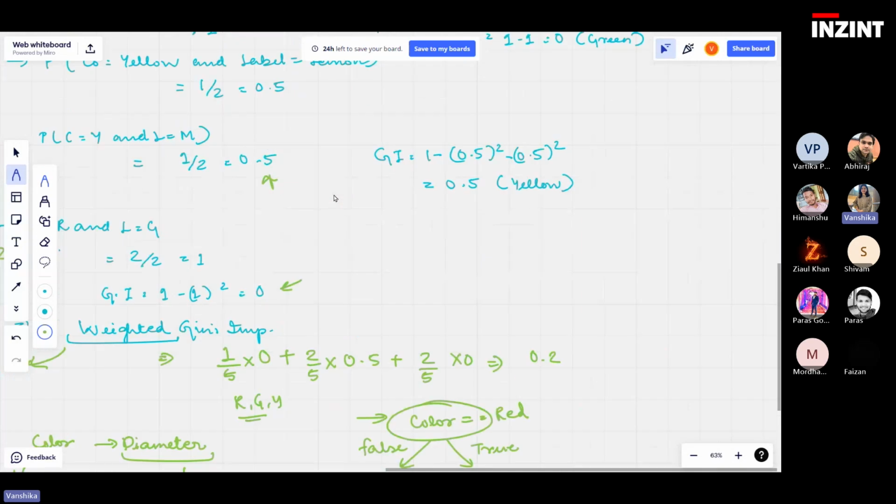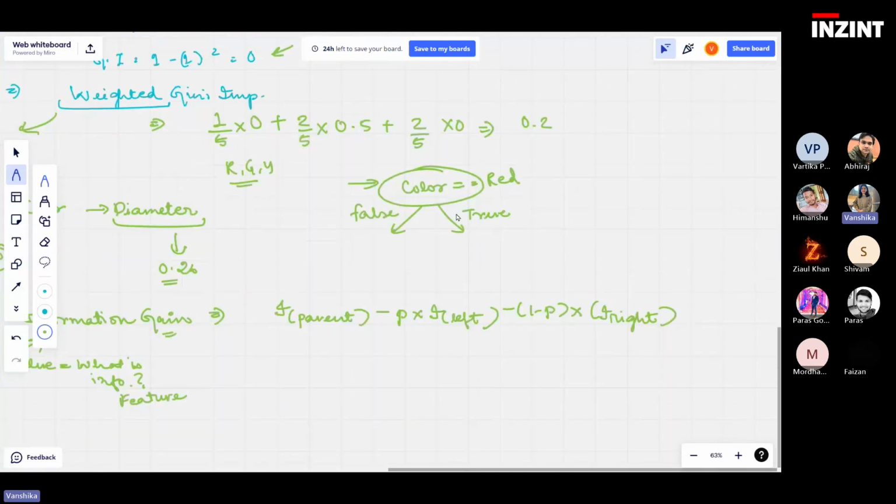So if this is true, we are going to simply say that the label is green grape and the diameter is 1. But if it is false, then we are going to check whether the color is green. Based upon putting red at the top, I'm going to get a left subtree and a right subtree.